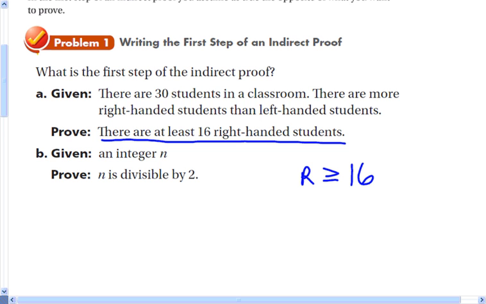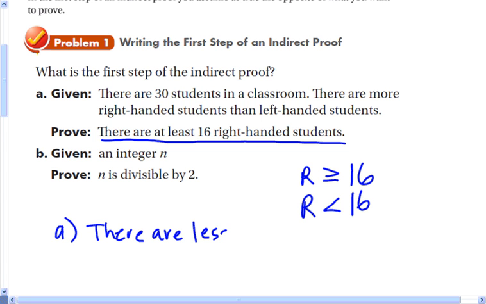The negation of that would be R is less than 16. So there are less than 16 right-handed students.